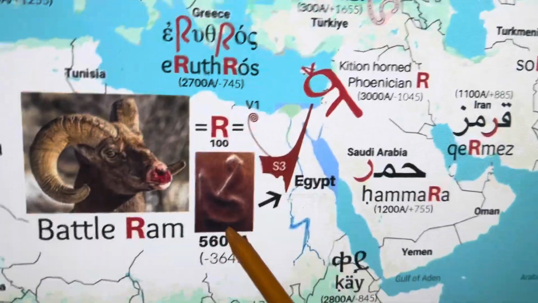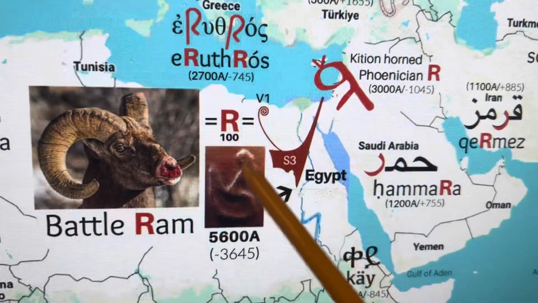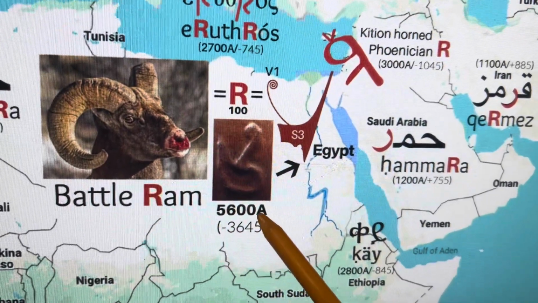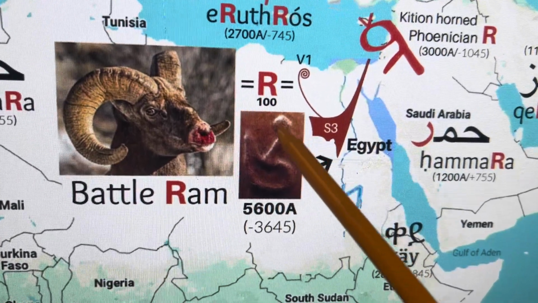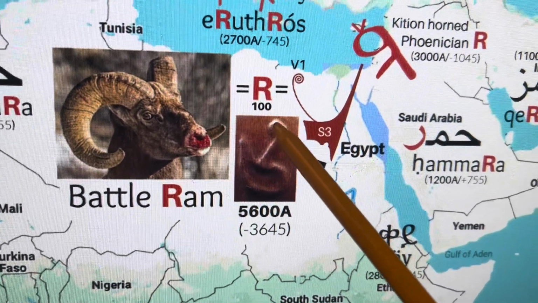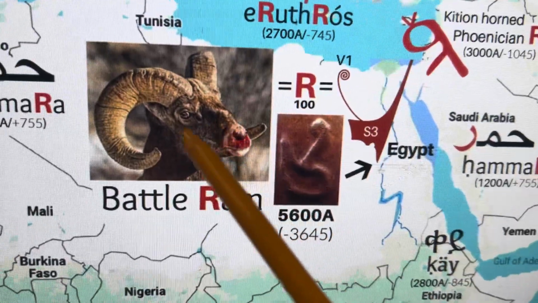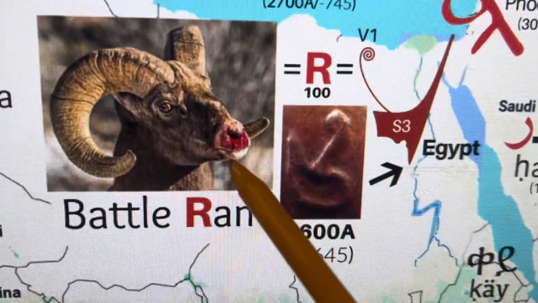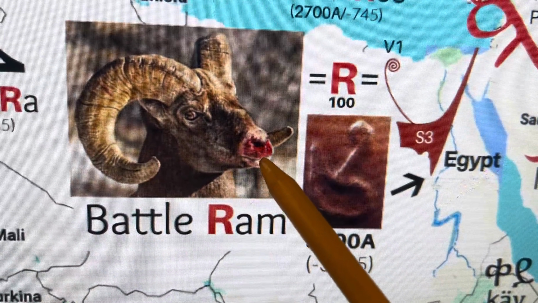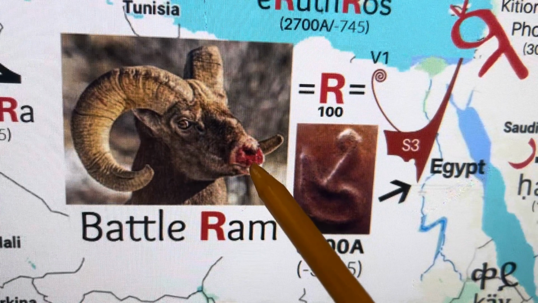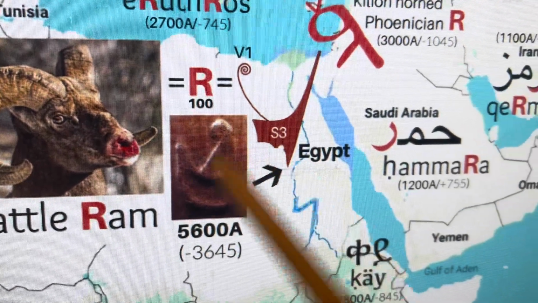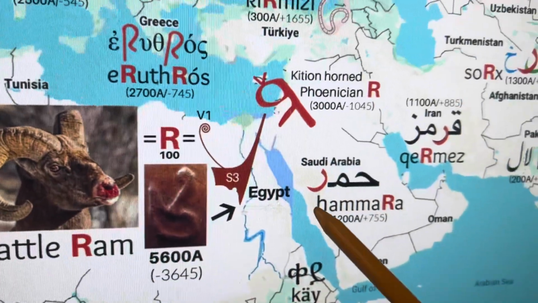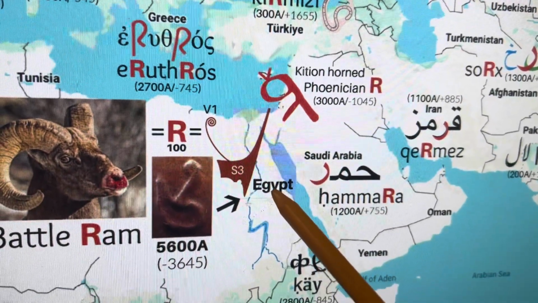The oldest attested red crown, shown here from 5600 A, is a crown with a battle ram horn coming out of the top, symbolic of the blood spilled of your enemies when you battle ram the territories around your country if they attack you.